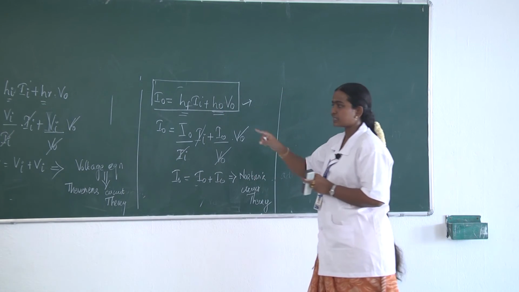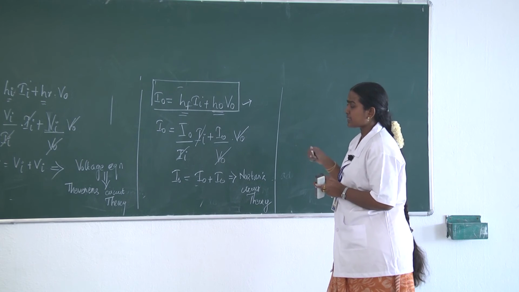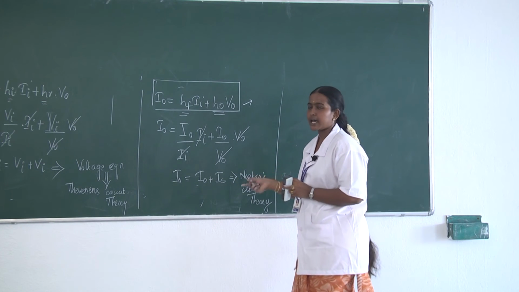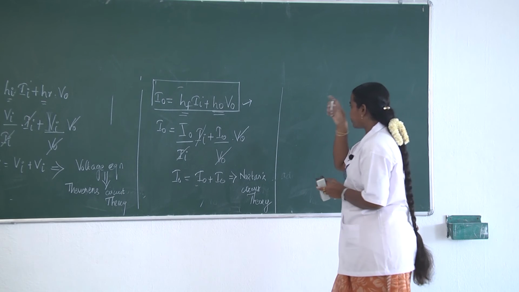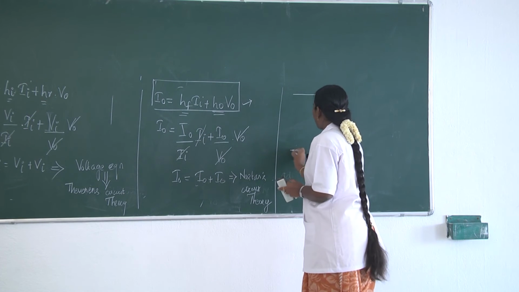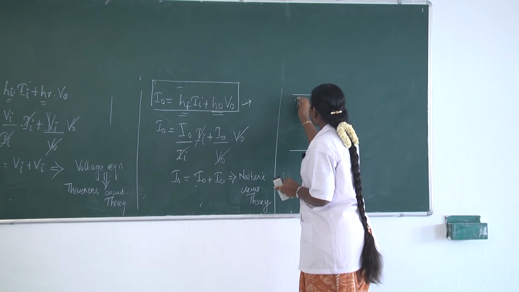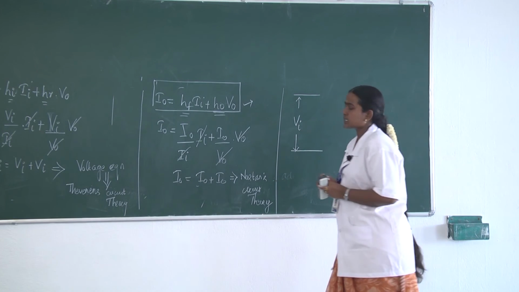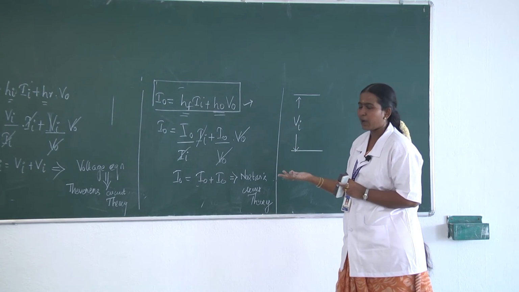First let me consider the first equation, which is Vi is equal to Hi into Ii plus Hr into V0. Let me consider Vi first. It shows that we have provided some voltage, Vi, as the input. Next we have Hi into Ii.